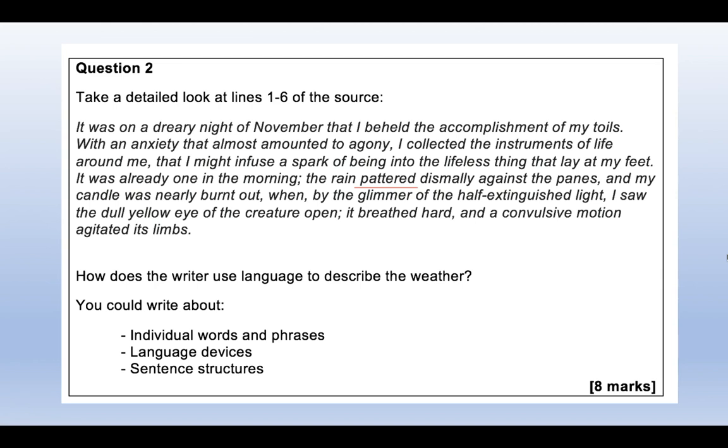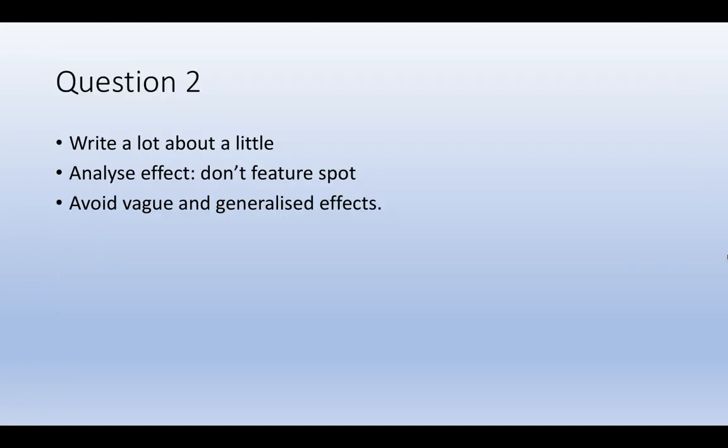The selection of very lengthy examples led to paraphrasing and discussion of ideas rather than analysis of language. So choosing short quotations, maybe a single word, it might be a phrase, but certainly not long sentences, will help.